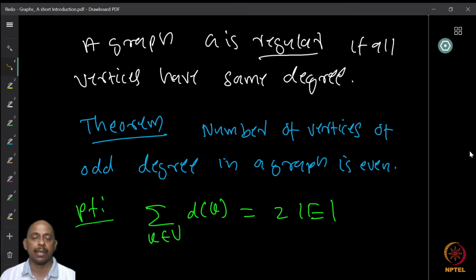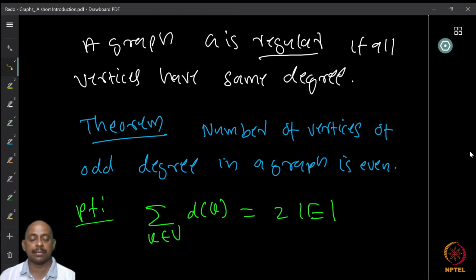Now, how do you prove this theorem, that the summation of the degrees is twice the number of edges? Well, it should be very clear if you think about it for a few seconds. But let me explain. If you take the graph and sum over all the degrees, what happens?